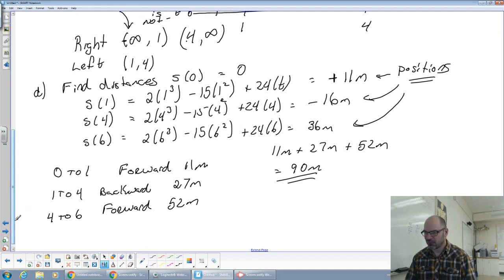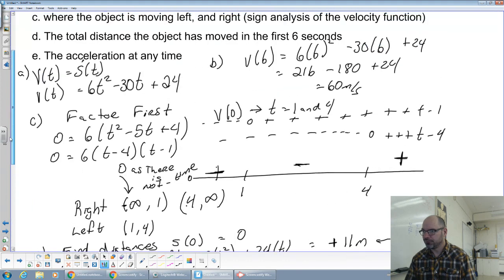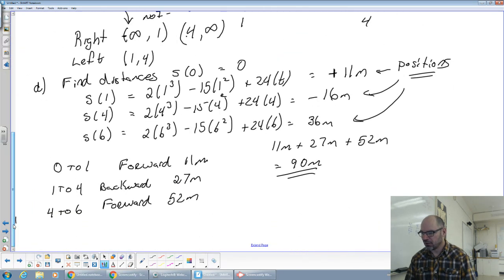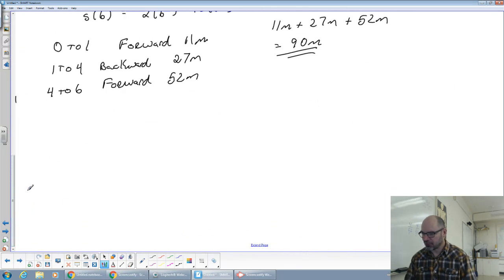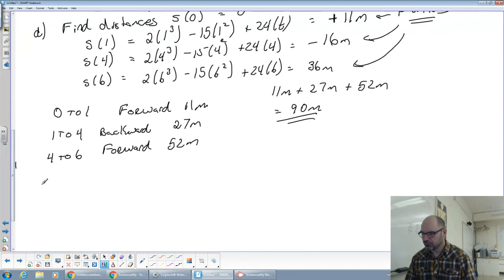Okay, and the last question, E, the instantaneous acceleration at any time. So you got to take the velocity equation, prime, and that equals the acceleration at any time.